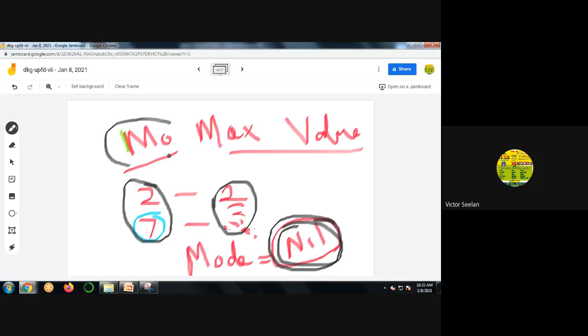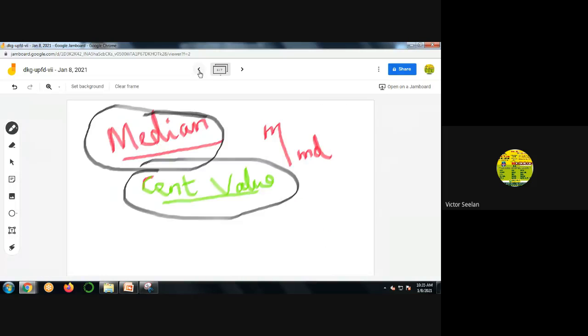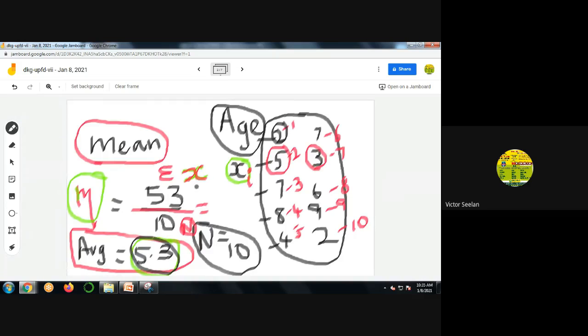Mode is nothing but the maximum repeated value. So there are three averages: mean, median, mode. For mean, adding all the observation values and dividing by the total number of observations.